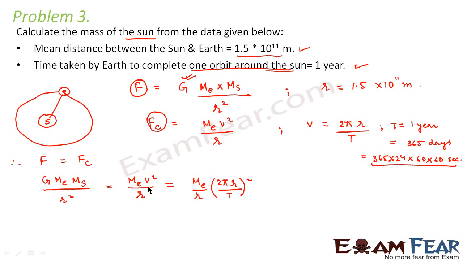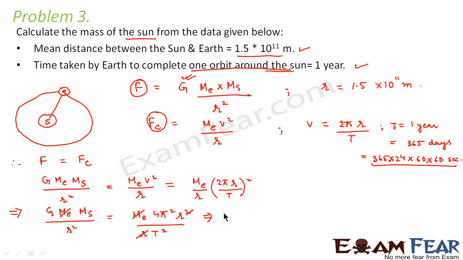So me by r into v square. Now we will put the values. So we get G me ms divided by r square is equal to me into 4 pi square r square divided by r into t square. So r will get cancelled with this r, and me will get cancelled.